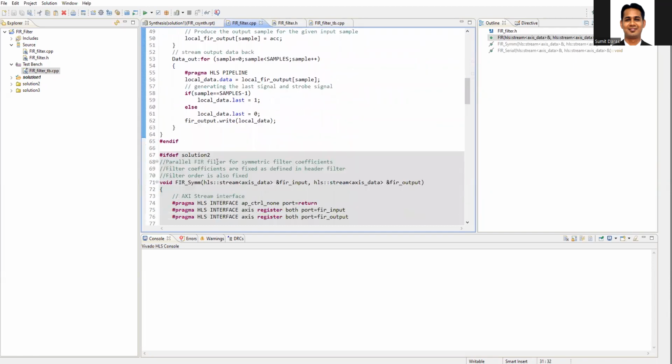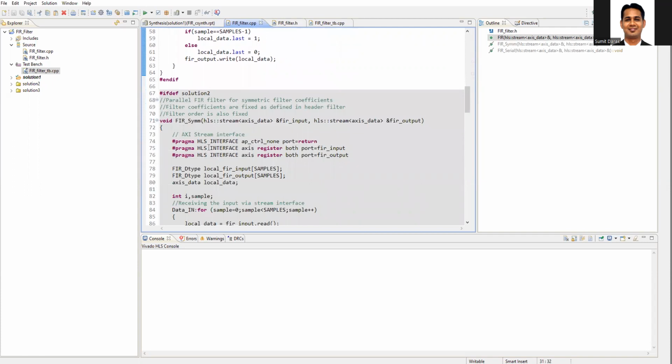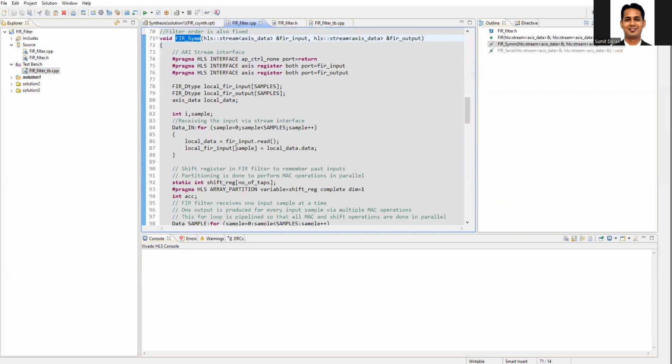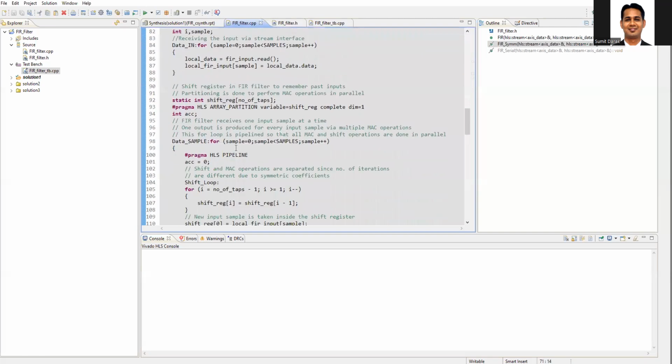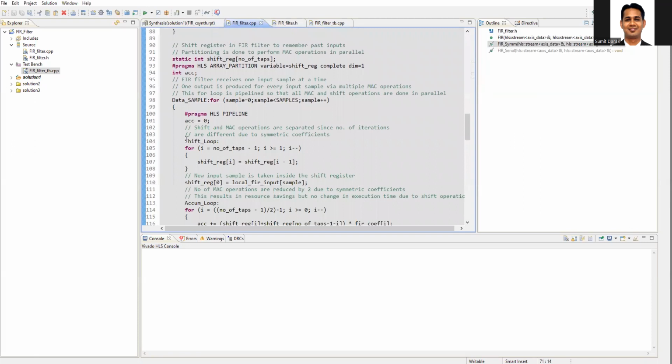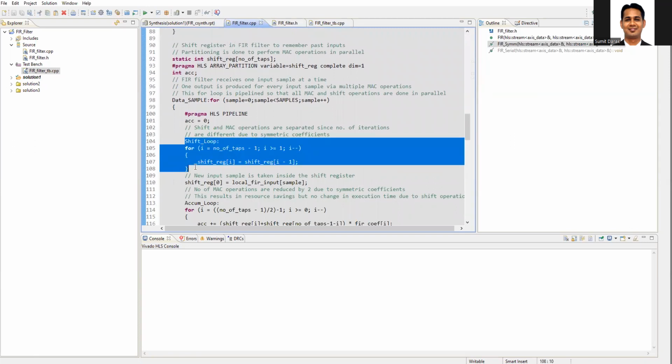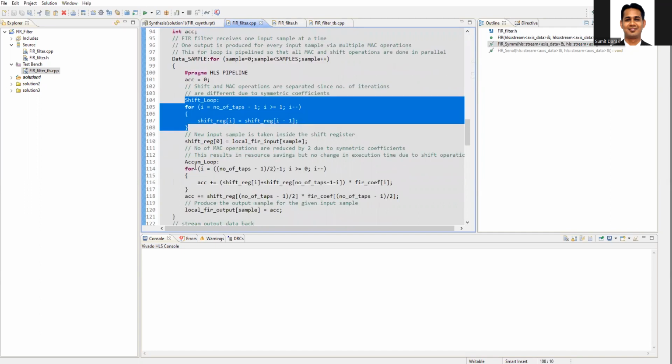Now, in the solution 2, I'm just trying to exploit the symmetric filter coefficient. So if the filter coefficients are symmetric, then I need to reduce the number of multiplications. So I have broken down the loop into the two parts. One is the shift register part, because shift register still will happen.